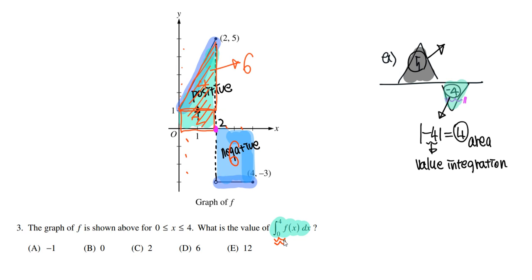Since we are getting an integral, we have to use minus 6. So 6 and negative 6 give us 0. So 0 is going to be the right answer here. Please don't confuse area and value of an integral. Sometimes they are different. Okay.